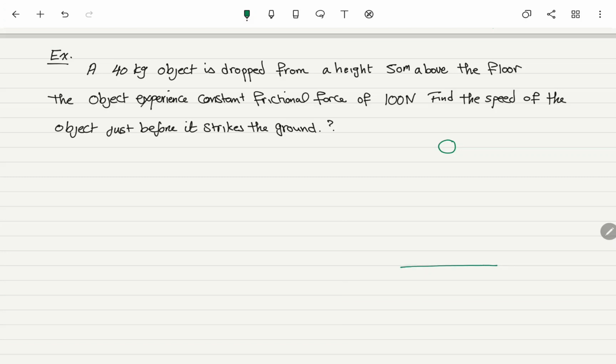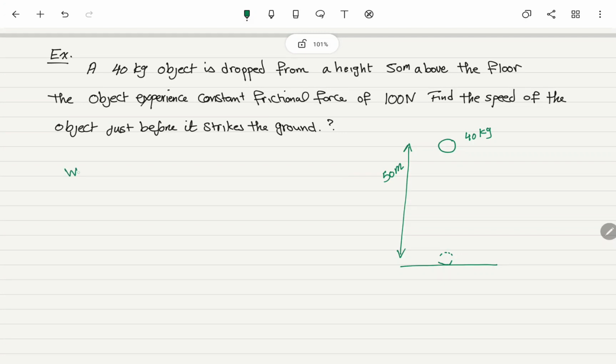The mass for this one is 40 kilogram, and the total height equal to 50 meters. We need to calculate the speed of the object just before it strikes the ground at this position, and there is friction in this case.